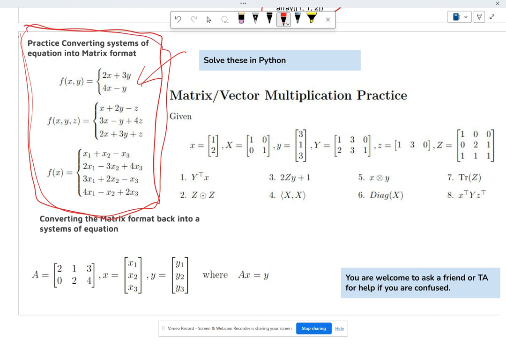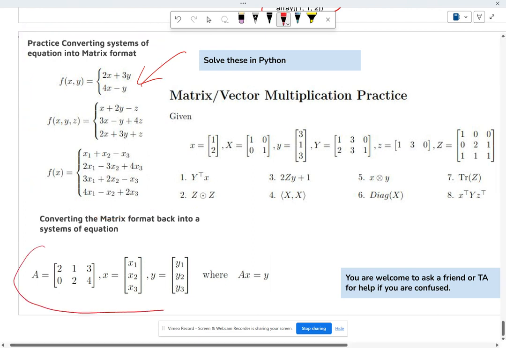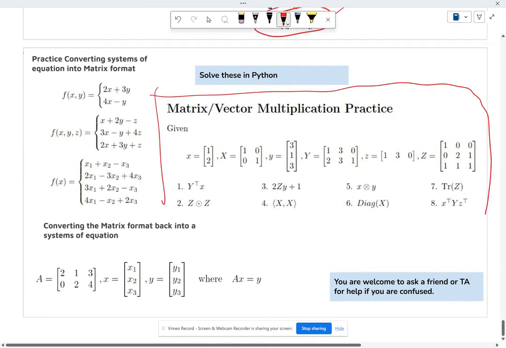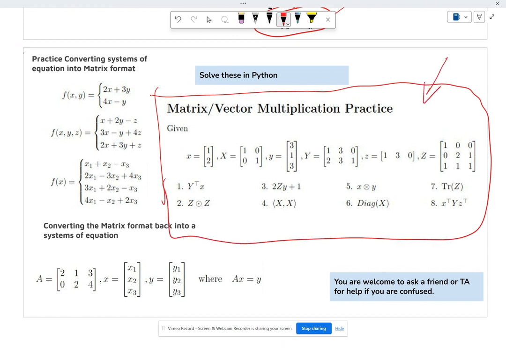This is a basic thing. And then you want to learn how to convert them back into a system of equations. And with Python, I would like you to essentially see if you can perform these operations. So make sure you know how to do this. Make sure you know how to do this. Make sure you know how to do this.